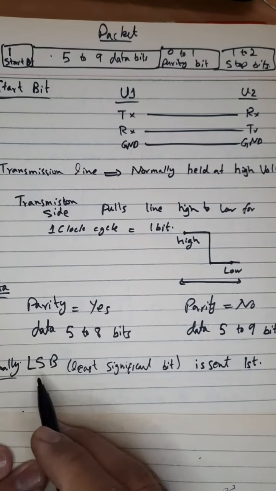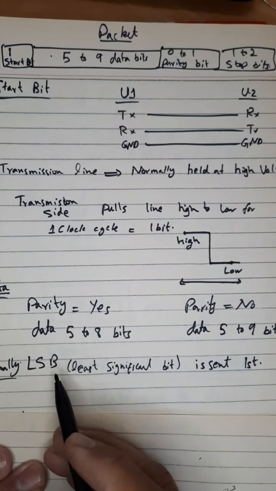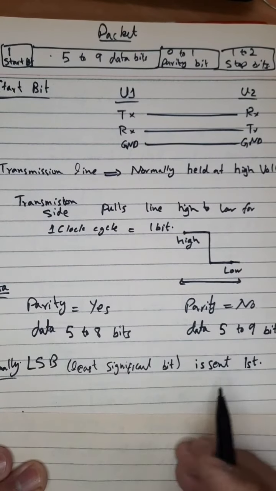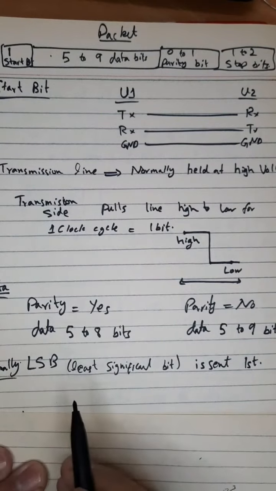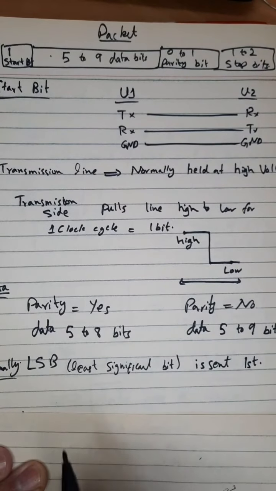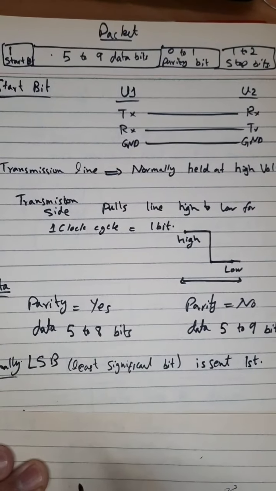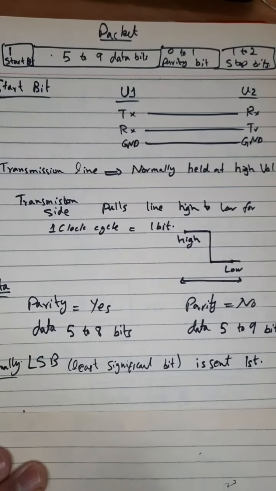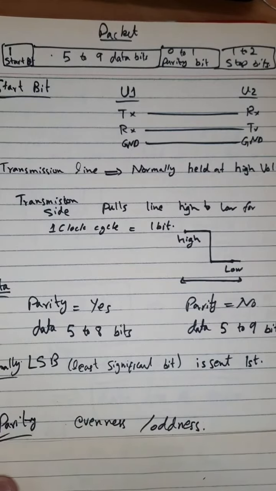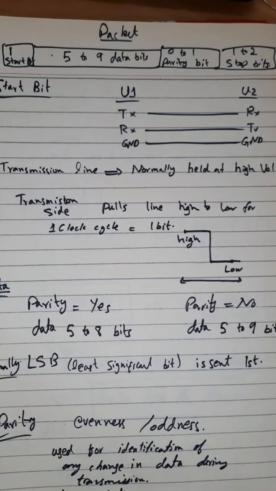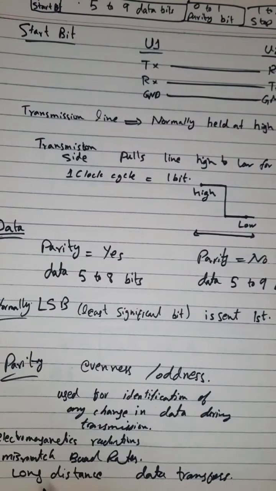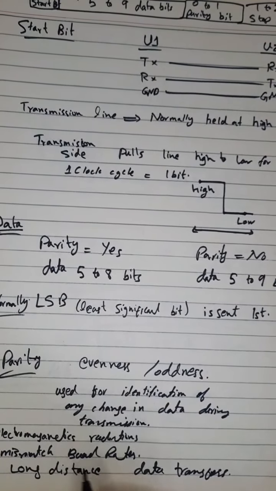Usually the least significant bit of a byte is sent first, meaning after the start bit, there will be the least significant bit of your whole byte. It's the general practice. After the data, there is the parity bit. We will see the parity.